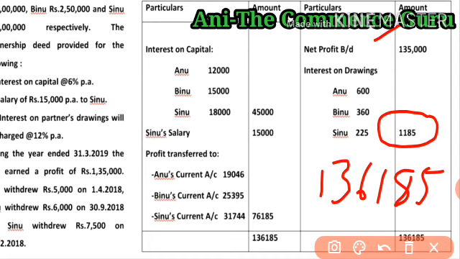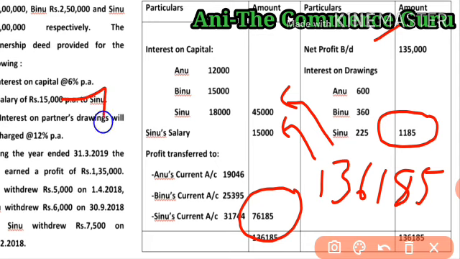From this profit, 45,000 we have appropriated for interest on capital and 15,000 we have appropriated for salary to Sinu. Now the balance we need to calculate. The balance would be 76,185.